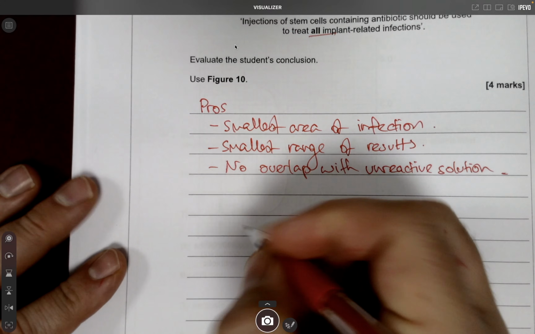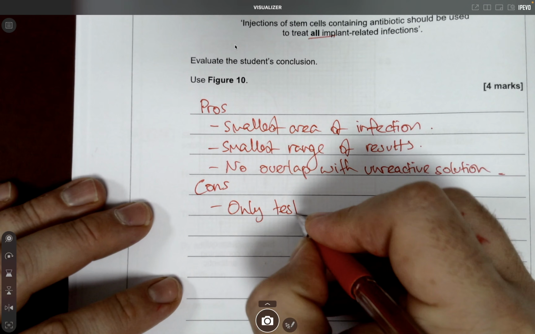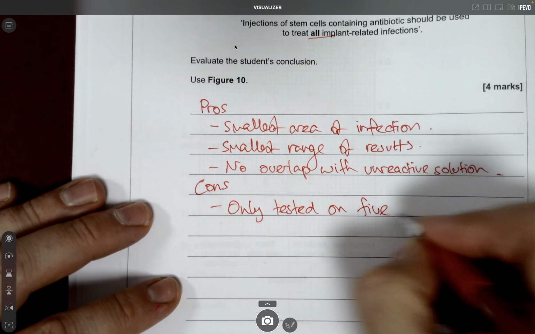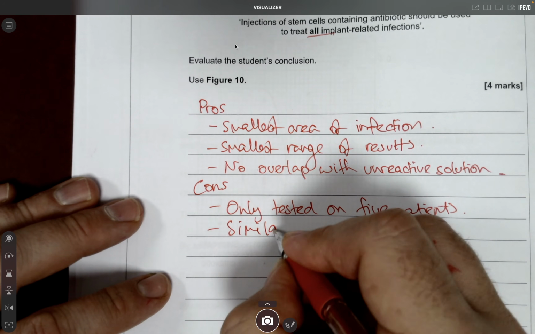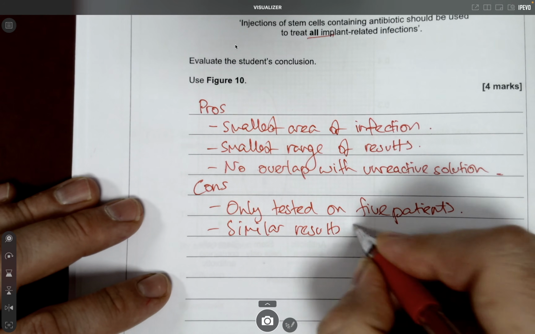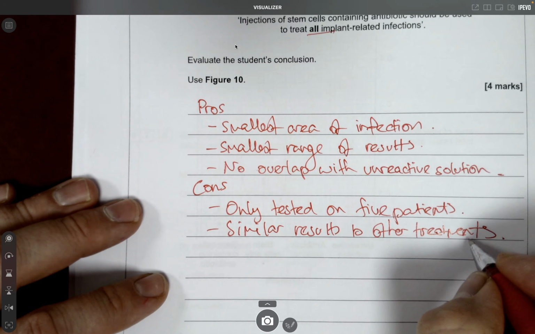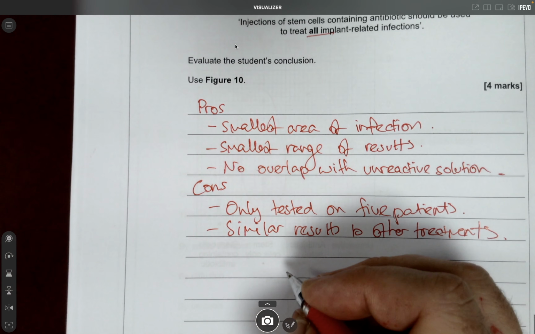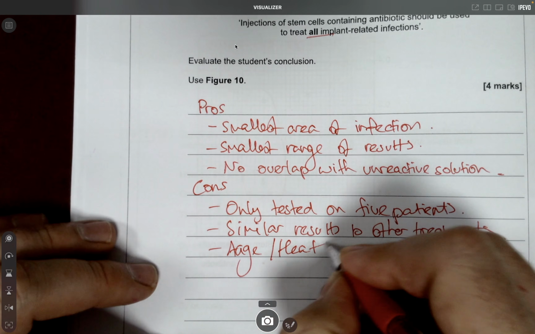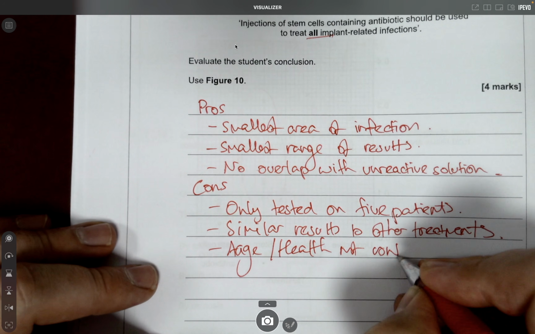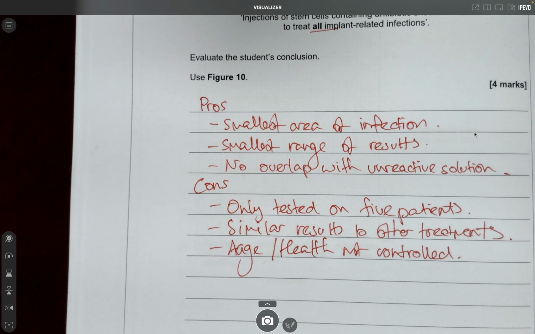Cons. So why might they not agree with this? Only tested on 5 patients, so a very, very small sample size. Similar results to other treatments. And there were lots of variables that were not controlled, so age or health, not controlled. Okay, thank you very much.